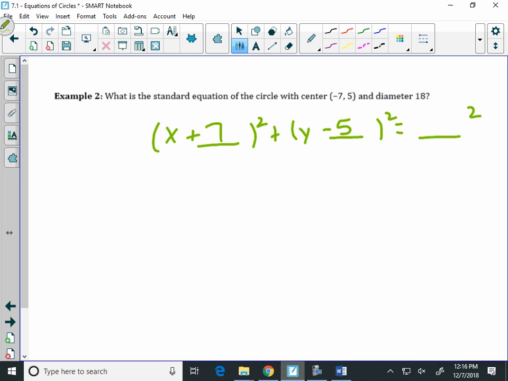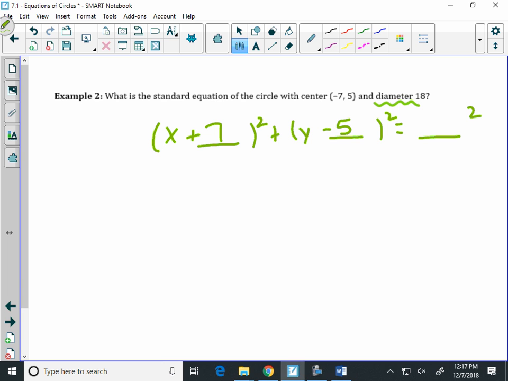And then I plug 18 in here, right? This becomes 18 squared? No. Why do I not want to do that? This is what? The diameter. What do we plug in here? It's r squared, and r stands for the radius. What do you remember about the relationship between the diameter and the radius? Flip flop that wording. Radius is half the diameter.